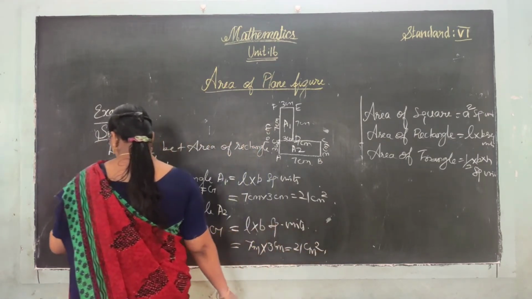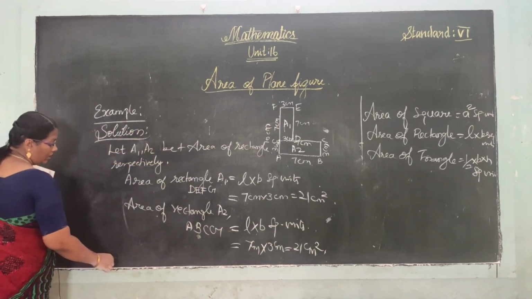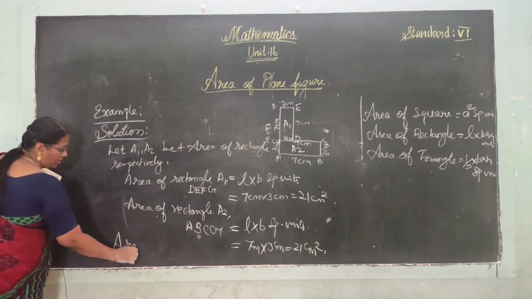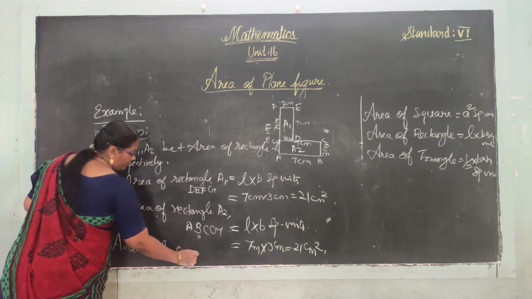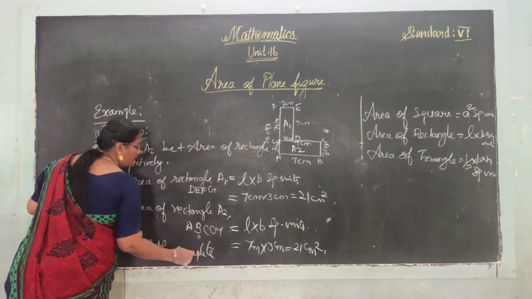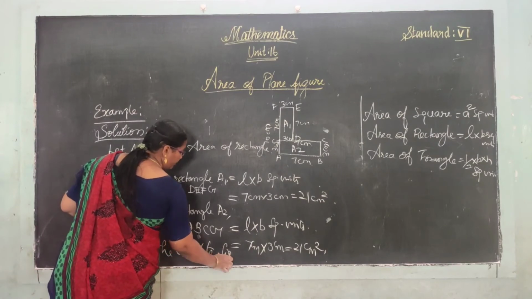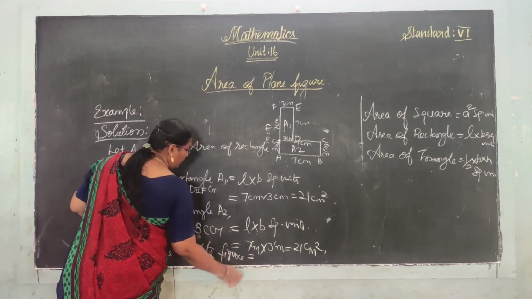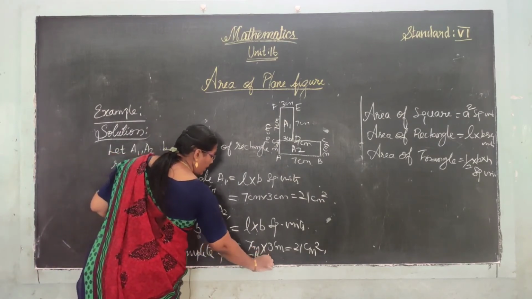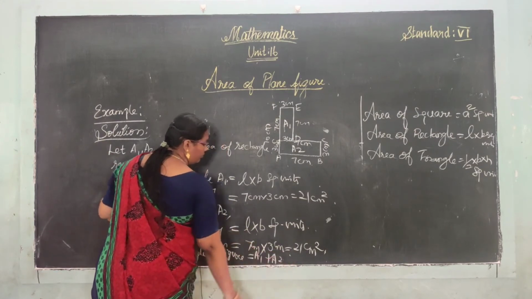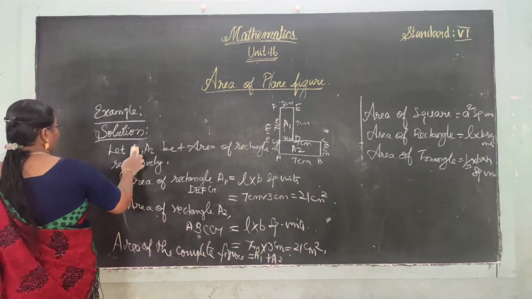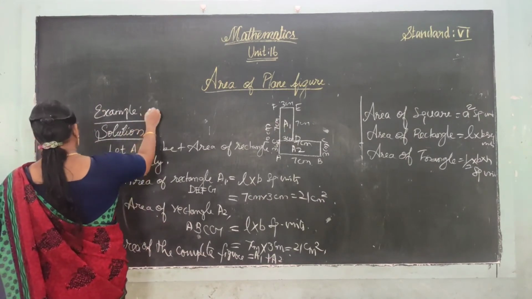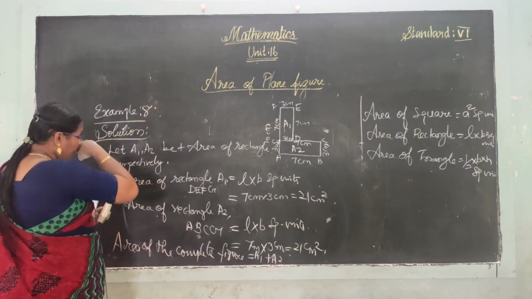Now we have to find the area of the complete figure. Area of the complete figure is equal to A1 plus A2. OK, we have to add the two areas.